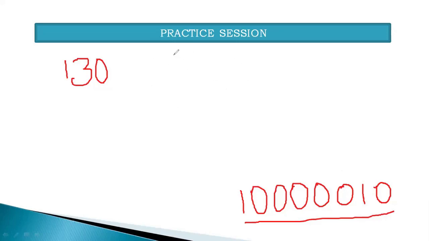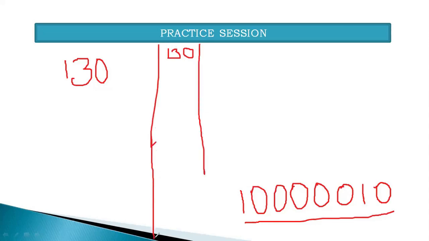So let's solve it. The number is 130. Start the division. By 2, the first value will be 2 6s are 12, 1 remainder, 2 5s are 10. That we can directly say 65 to the 130.